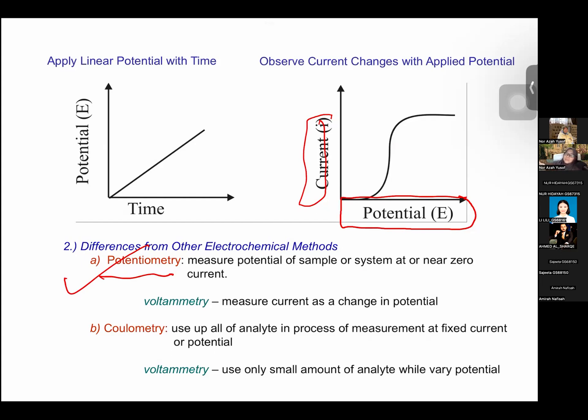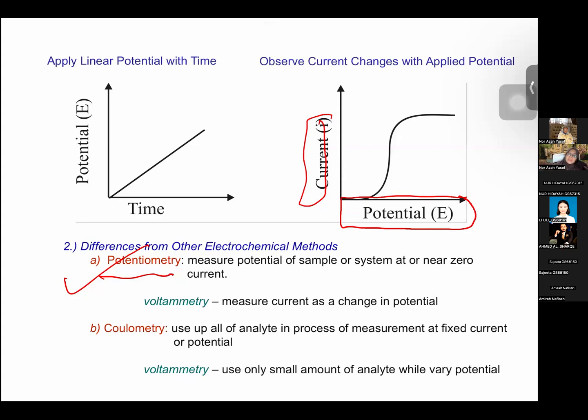If you just put the pH probe inside the solution, you can know the value of pH. It's actually based on a potential difference between the solution and the pH probe.